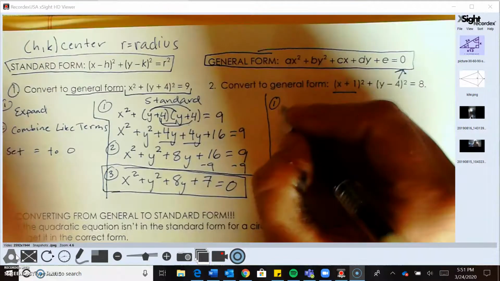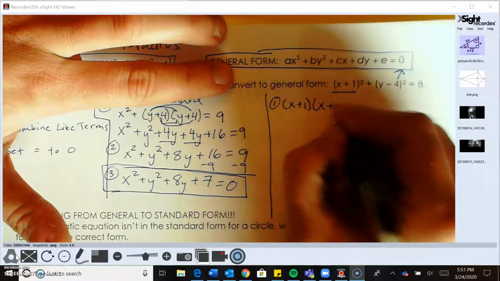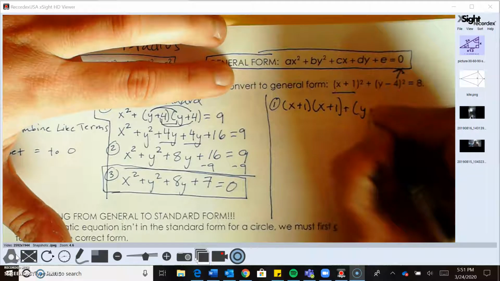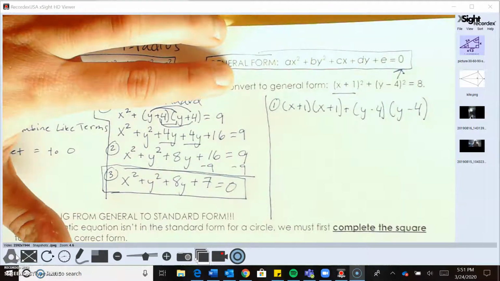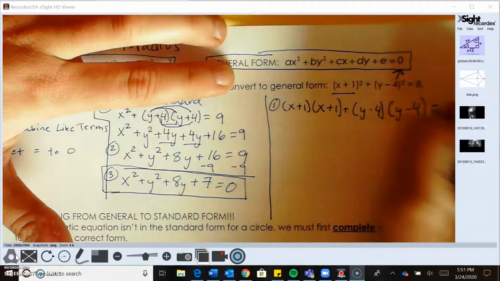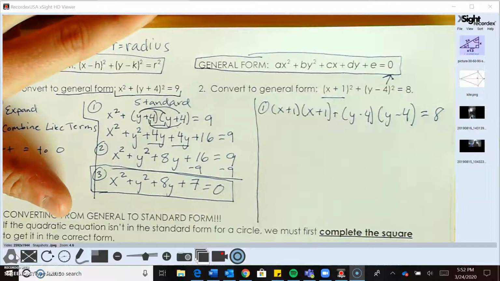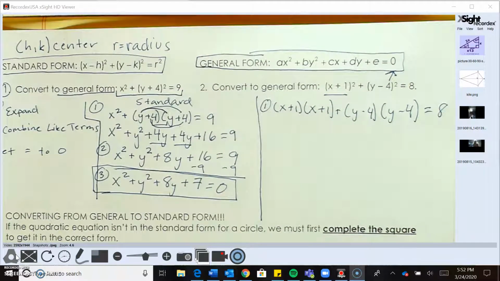So we're going to do x plus 1 times x plus 1 plus y minus 4 times y minus 4, and then that equals 8 is still there. The only difference in this one is that two things are getting expanded, the x's and the y's.